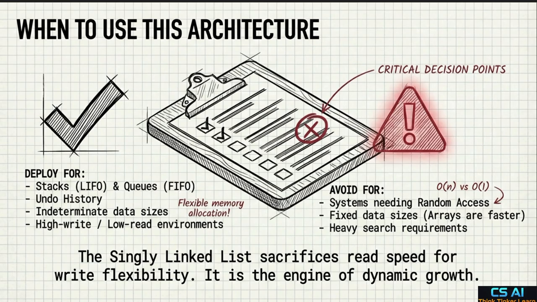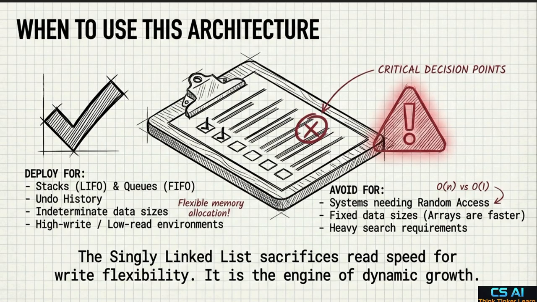Finally, when to use this architecture? You should deploy singly linked lists in scenarios like stacks, which are LIFO, and queues, which are FIFO, for their efficient push-pop and enqueue-dequeue operations. These are excellent for undo history and dealing with indeterminate data sizes due to their flexible memory allocation. They thrive in high write, low read environments.